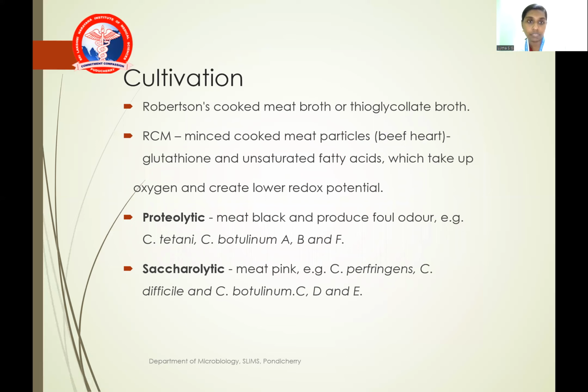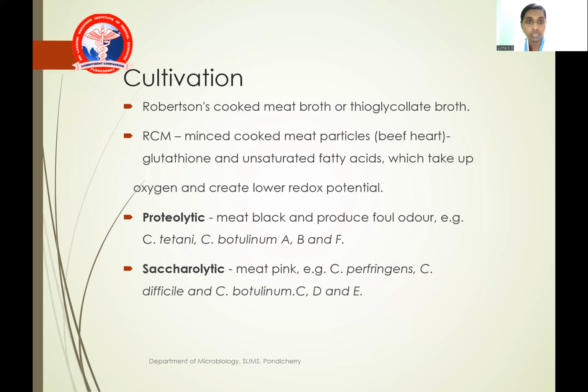Now coming to the cultivation. You had classes on systematic bacteriology. You will be knowing that we can cultivate this organism in Robertson's cooked meat broth, that is an anaerobic culture medium, or thioglycolate broth. These can be used for the cultivation of Clostridia.